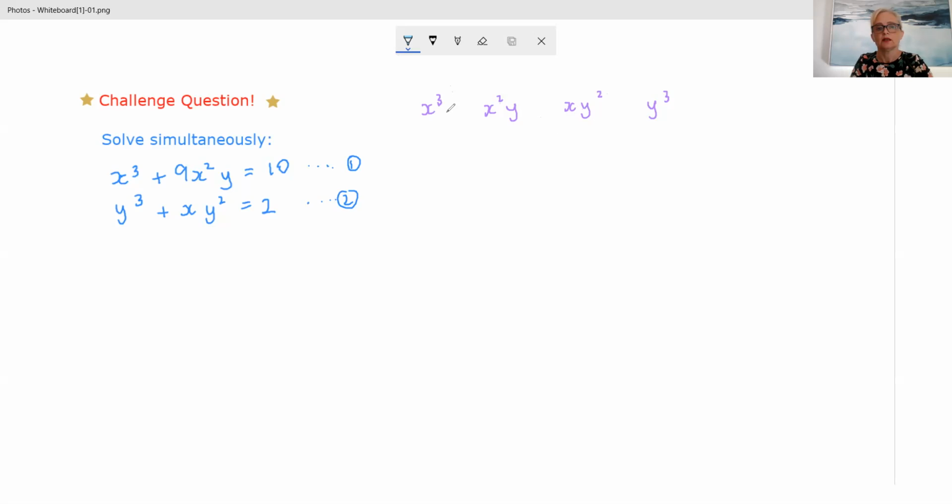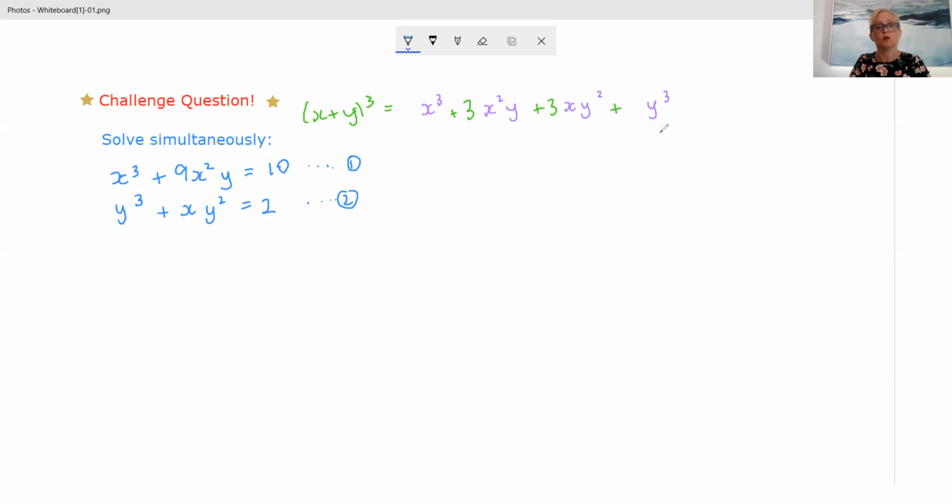Well, you may or may not recall that x plus y all cubed is x cubed plus 3x squared y plus 3xy squared plus y cubed. That's the cubic expansion, either using the binomial formula or just knowing that off by heart.